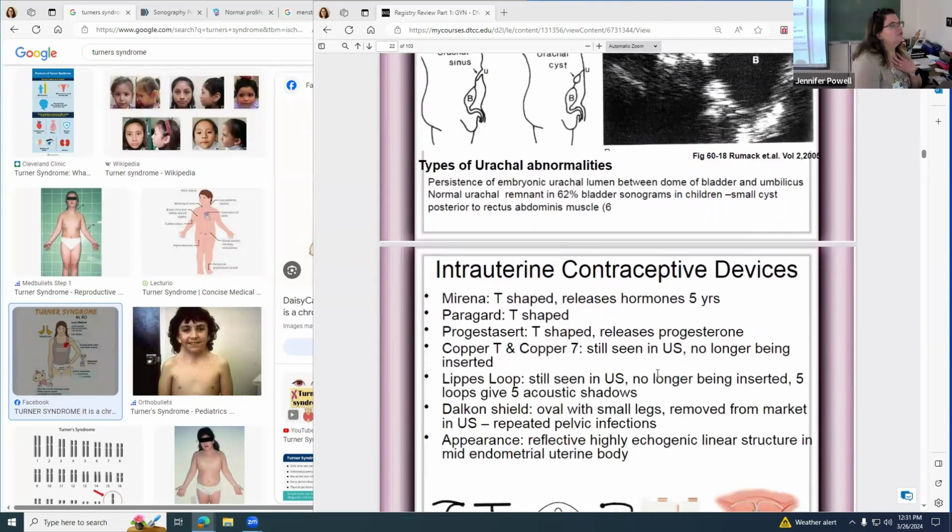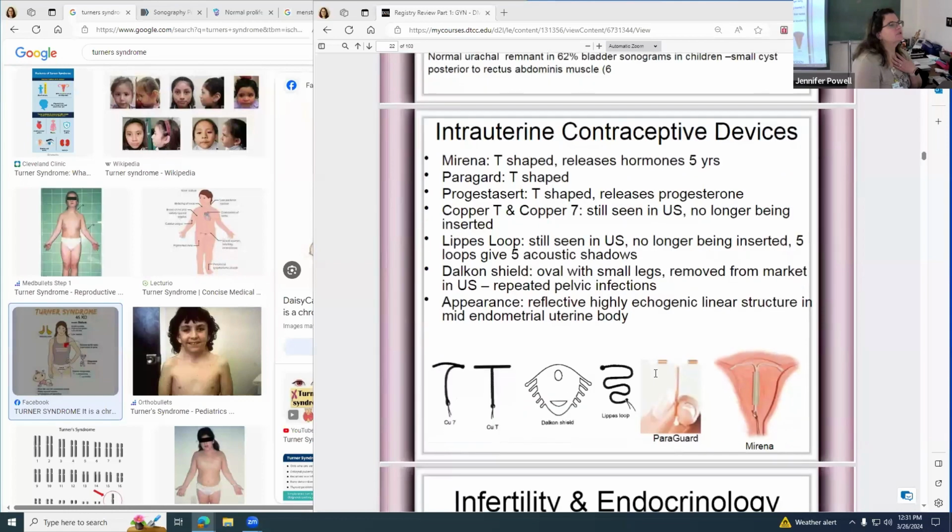All right, intrauterine contraceptive devices, also known as IUDs. You've got Mirena. You've got more now too, since this was made up. There's lots of other kinds and brands and sizes, and not so much the size, but the amount of hormone that's embedded in the plastic.